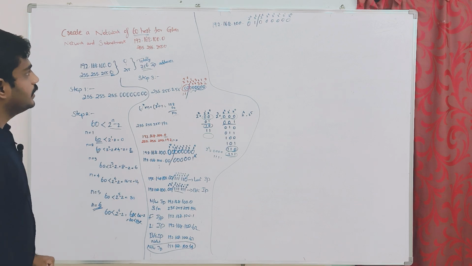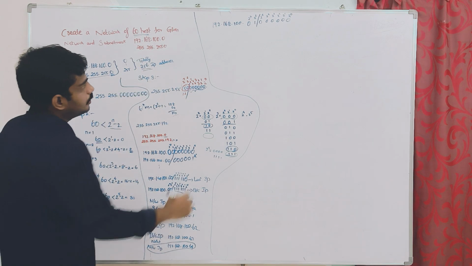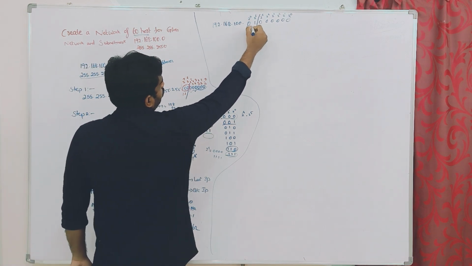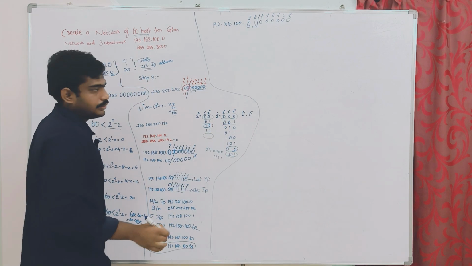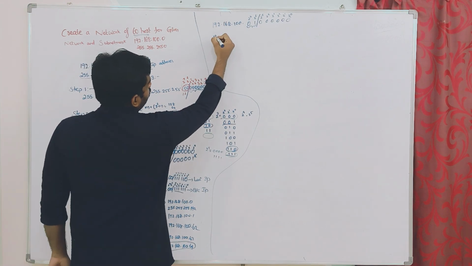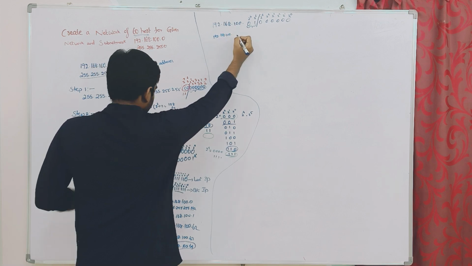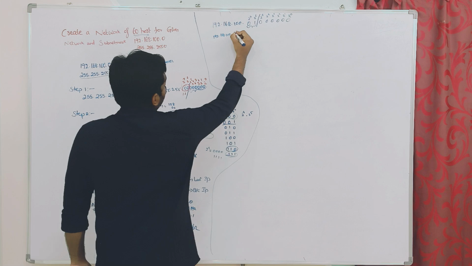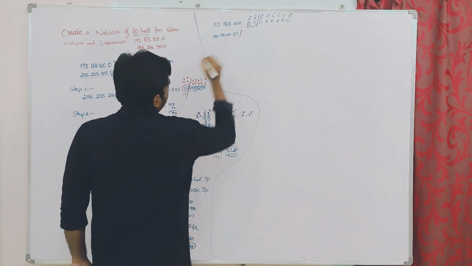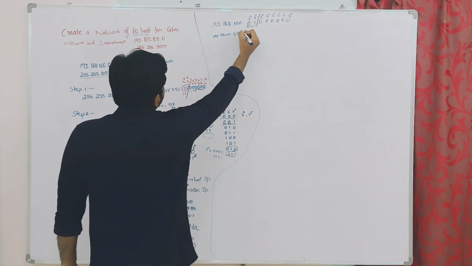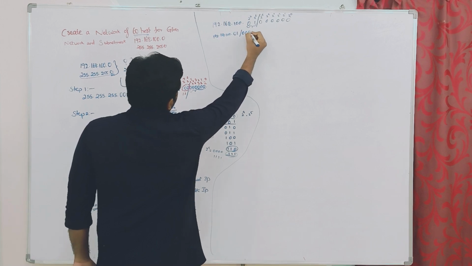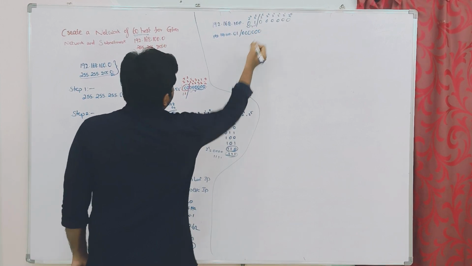Then what will be the next IP? Again I told you, you don't have the privilege to access it, so you keep it as 192.168.100. 01 slash, 1 2 3 4 5 6 consecutive.